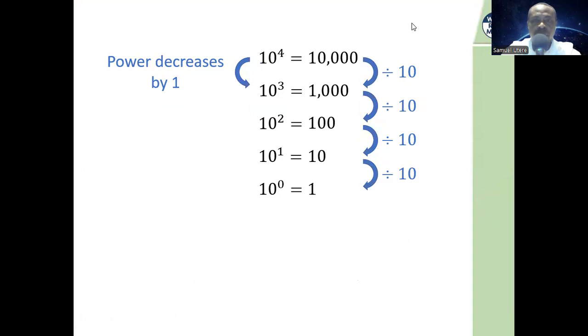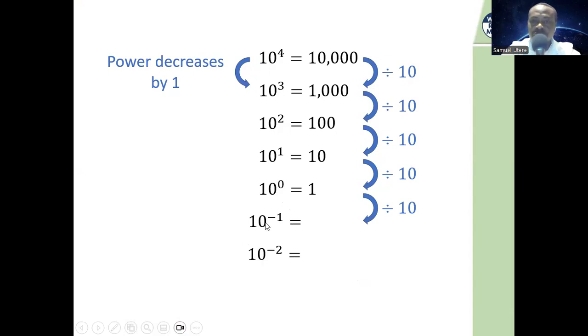Did you spot this in our previous lesson when we looked at powers of 10? As we divide by 10, we notice that the powers decrease. What happens when we go below this, where we have 10 to the power of 0? So when we do 1 divided by 10, we're going to get 10 to the power negative 1, because remember the pattern? If we carry on the pattern, this is what we get.